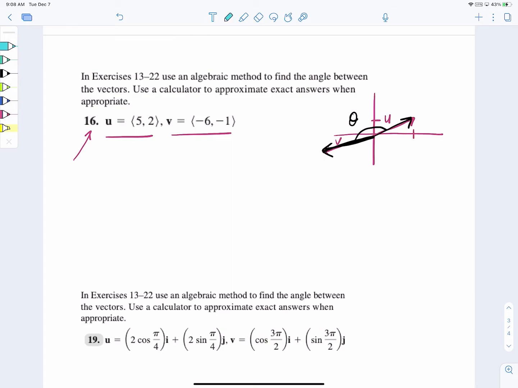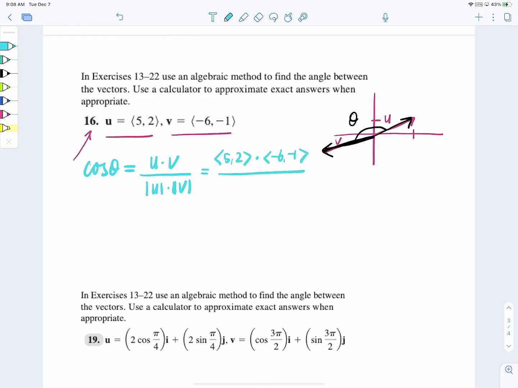Whenever I learn a new formula, I'm going to keep writing it. It's the dot product of my vectors divided by the magnitudes of my vectors multiplied together. My vectors are 5, 2 and -6, -1.